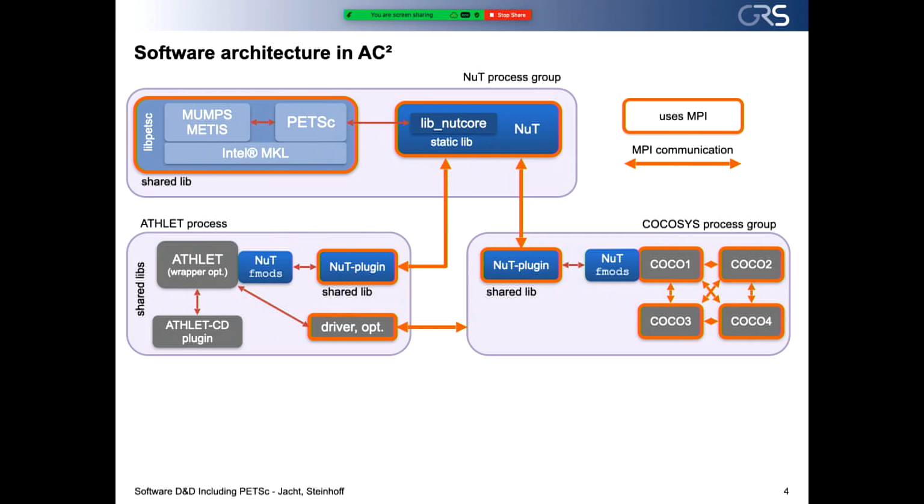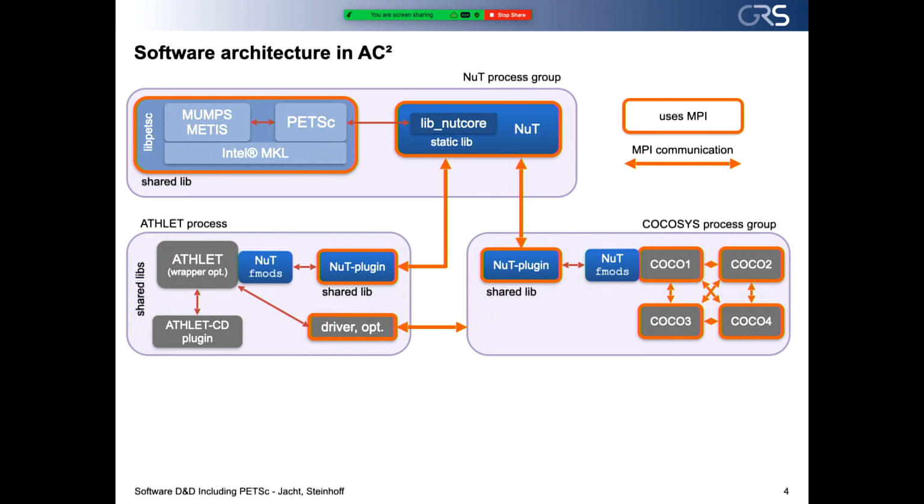Now to actually see how to meet all these requirements from the different parties, we have to take a closer look at the software architecture which is used in our overall program AC2. So we have this numerical toolkit again. This has a static library involved in the executable, this libnut core, which does the actual talking to PETSc, and it's not just PETSc, we use MUMPS and METIS as well to have a direct sparse solver available, just as an alternative.